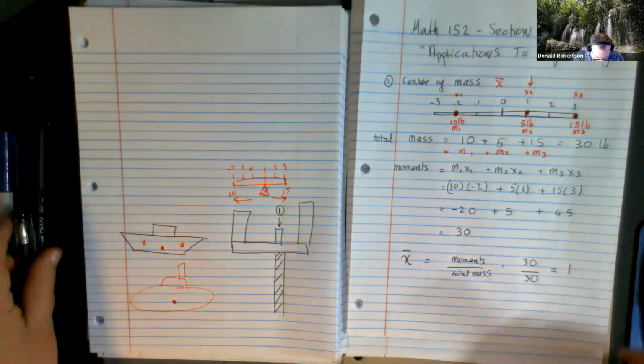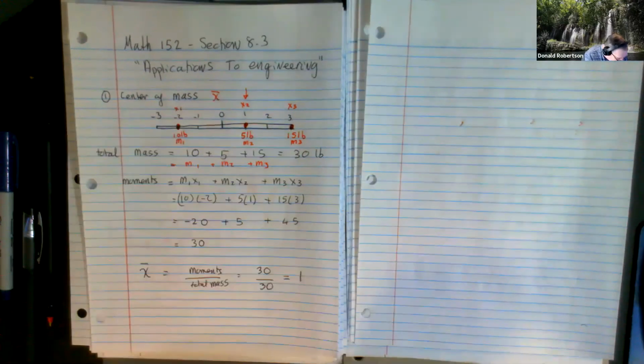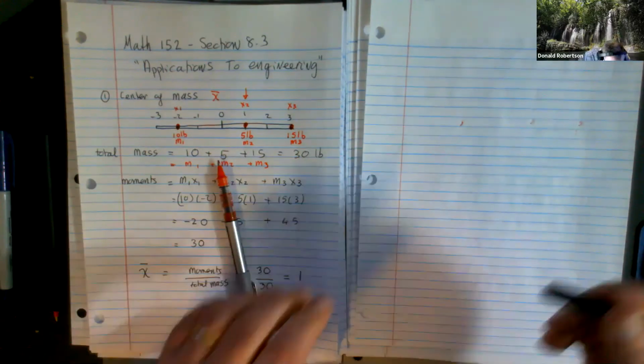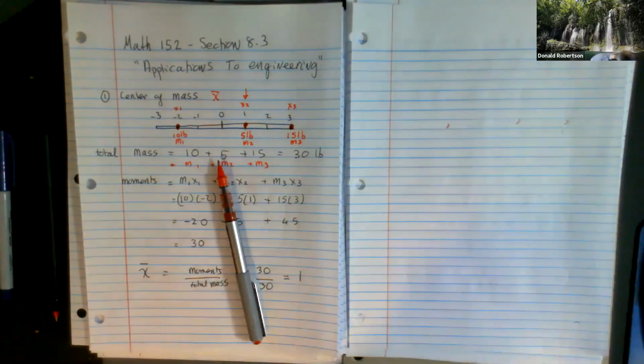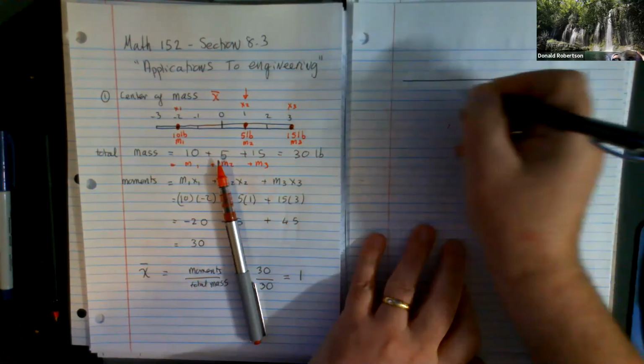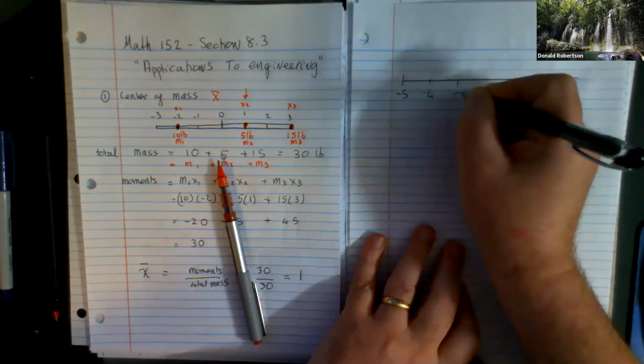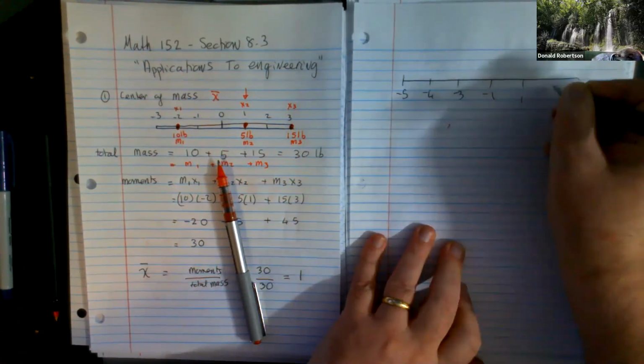Okay, let's try one out. I'll leave this guy here for you. Here is a simple center of mass story. It'll take me a few moments to set it up.